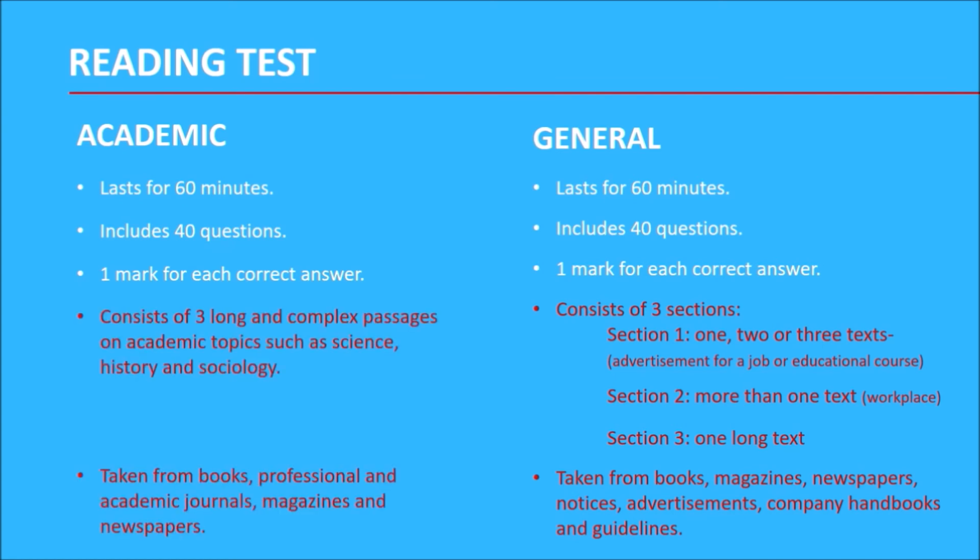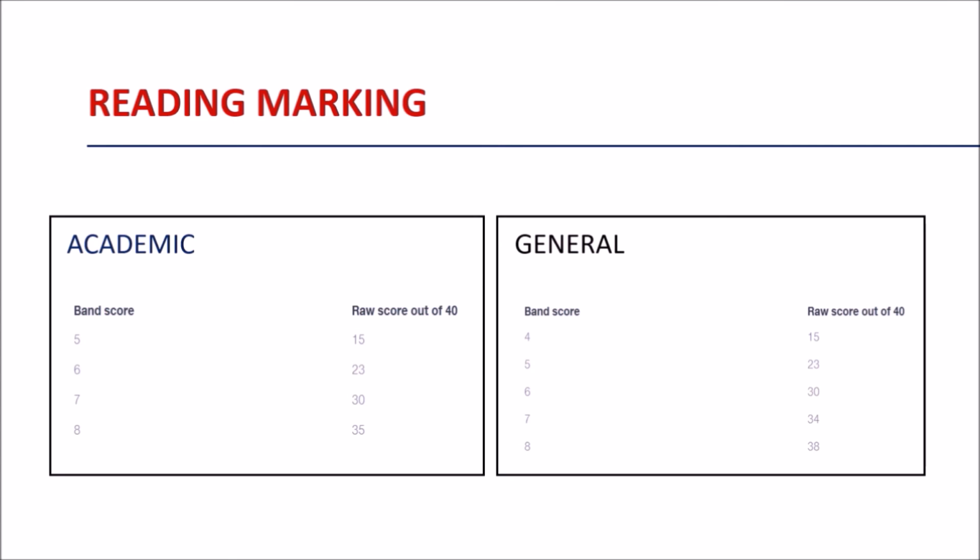Academic reading consists of 3 long and complex passages on academic topics such as science, history, and sociology. These are taken from books, professional and academic journals, magazines, and newspapers. Besides the format, the other remarkable difference is in the scoring of the IELTS reading section. There is a difference of 1 band.